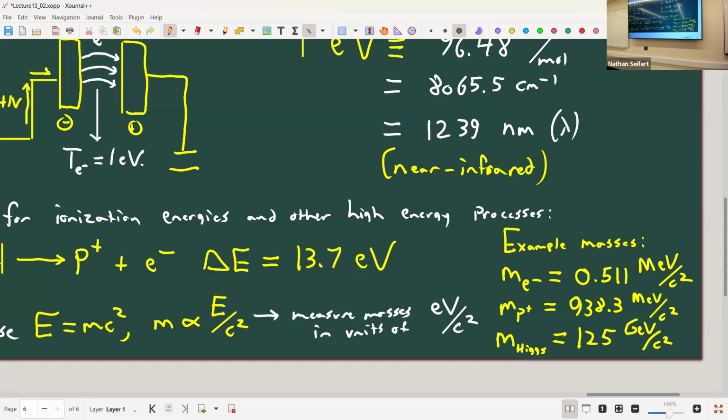Okay. So that gives us four units of energy: wave numbers, frequency, wavelength, and electron volts. We'll use every single one of them in this class, in different contexts. We're talking about wave numbers and vibration. We're going to talk about angular momentum when we come back. That'll be a lot of hertz, a lot of megahertz, a lot of frequencies. And then we'll talk about the hydrogen atom.